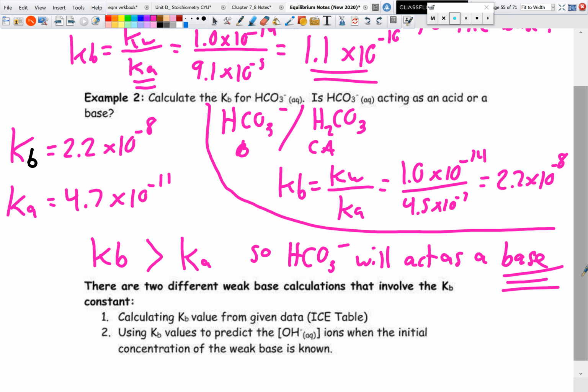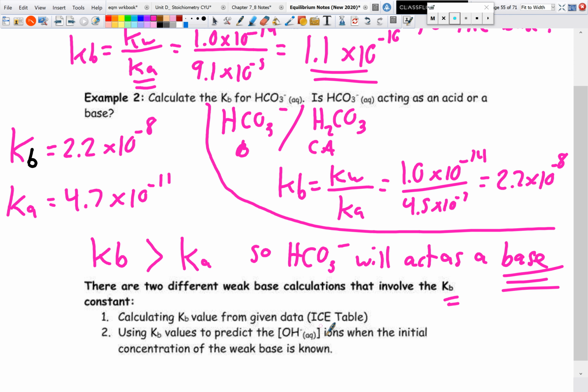Now, of course, going through this, understanding what Kb means and being able to go through some of these steps will be handy. In the last lesson you just looked at, we used our data booklet and we calculated pH and pOH, and we did a bunch of stuff just using the Ka values. We're going to do the exact same things right now, except for Kb.